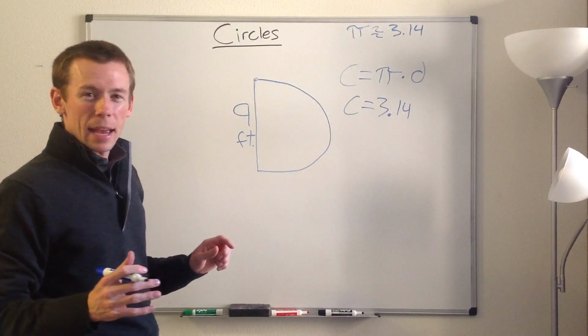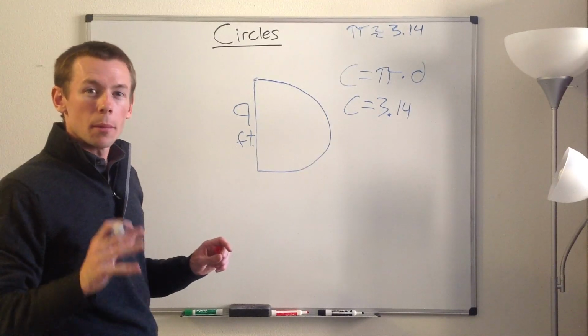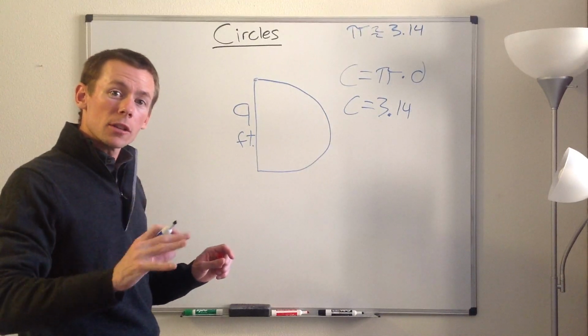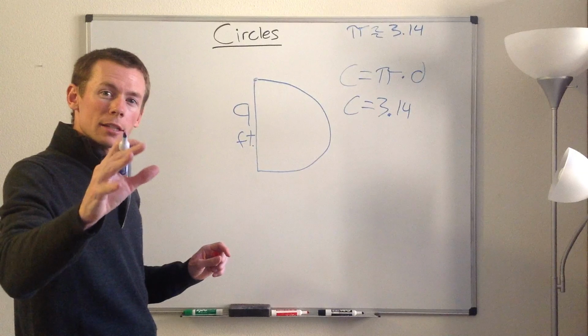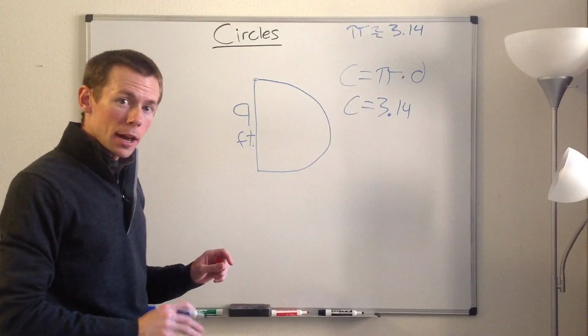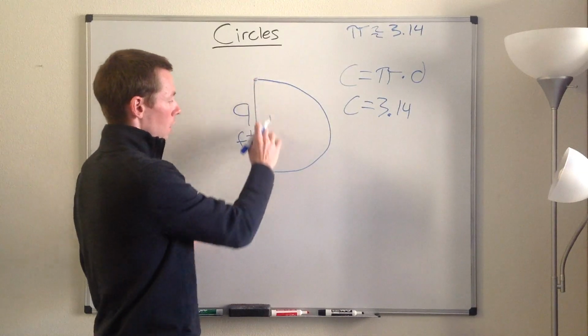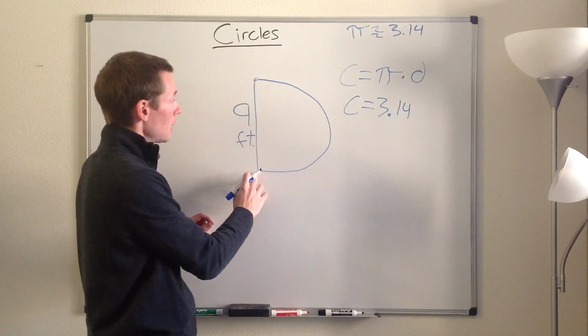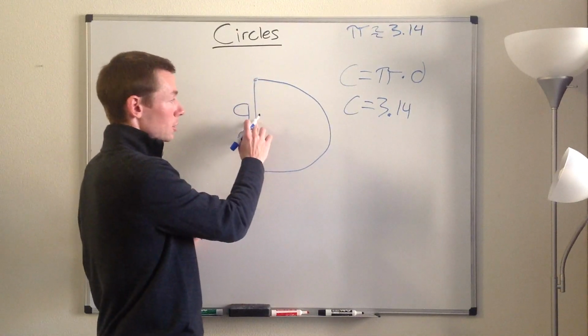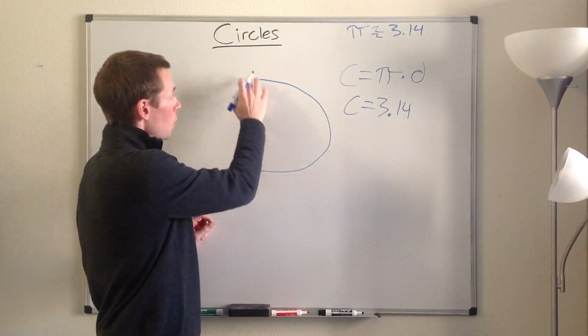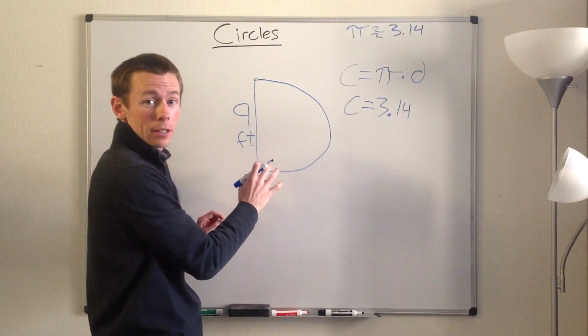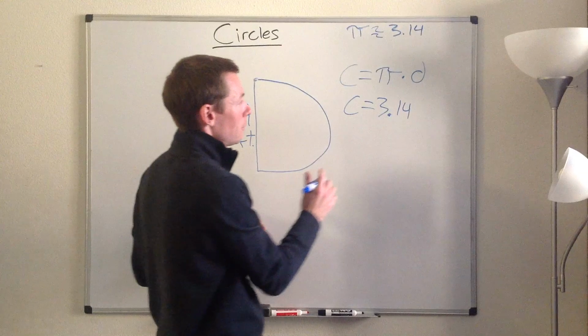Now, what is the diameter of this circle? Well, remember, the diameter is the length of the line segment from one side all the way to the other side that goes through the center. So the length here is 9 feet. So the diameter is 9 feet.